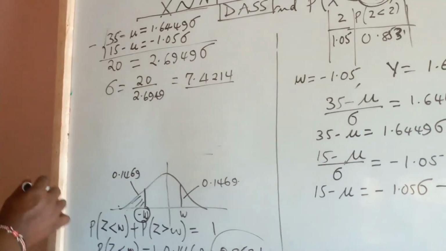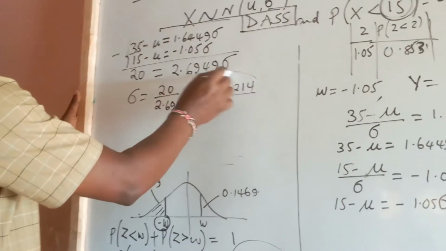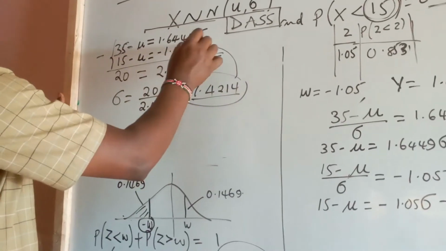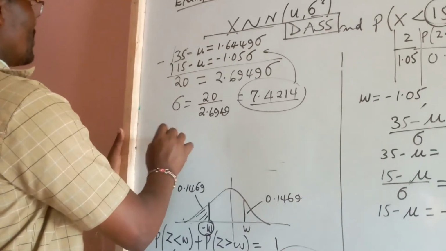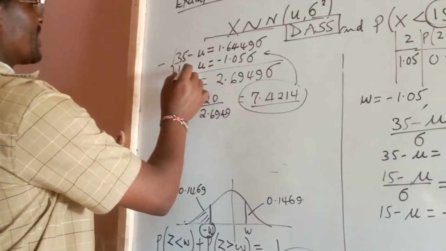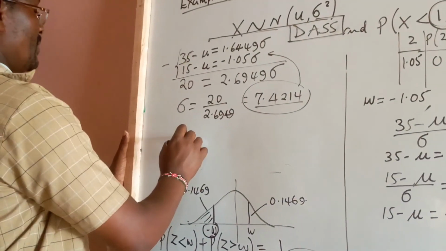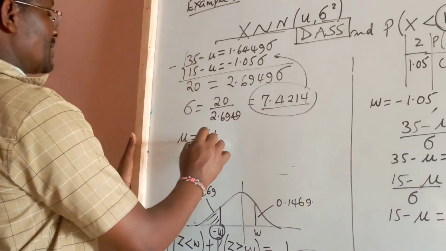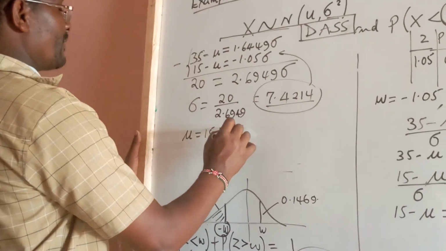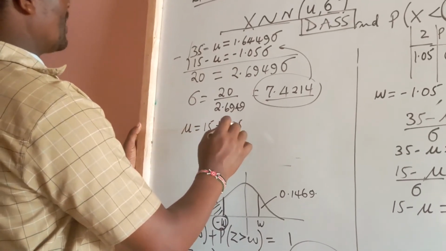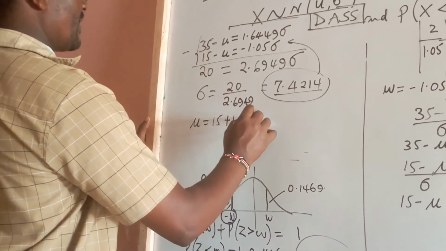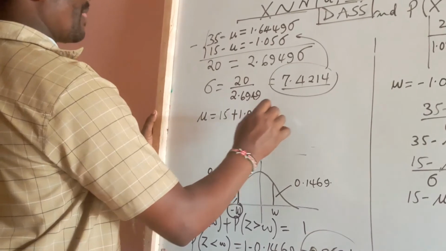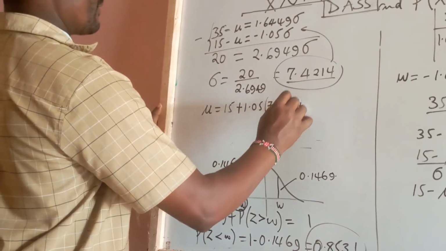But yes, what is our mu? If we substitute this in any of these equations, and you make the mean the subject of the formula, it is going to be 15 plus 1.05 times the standard deviation, which is 7.4214.